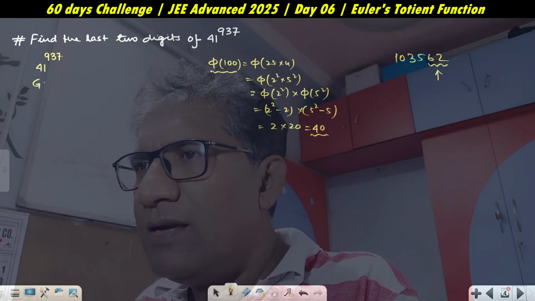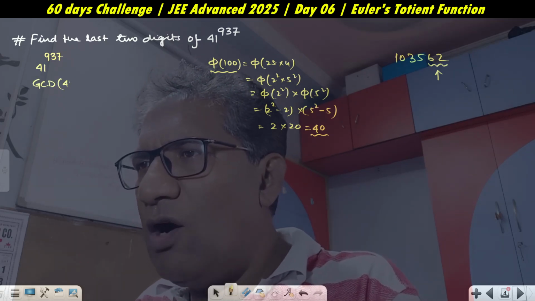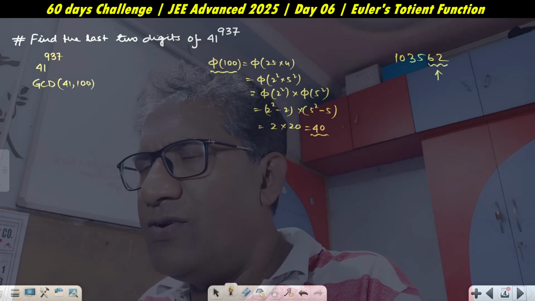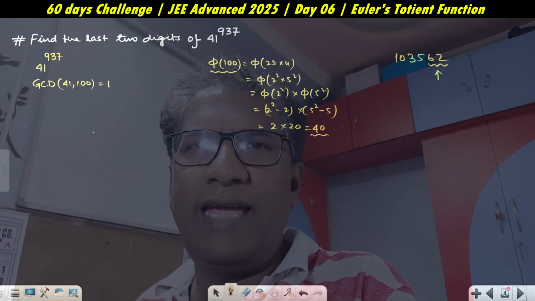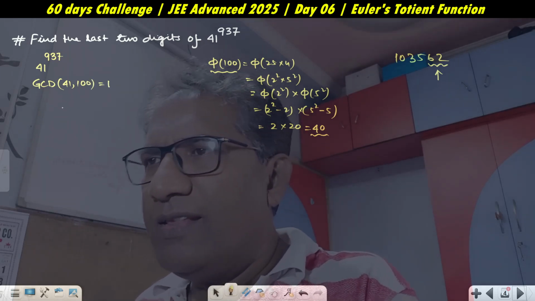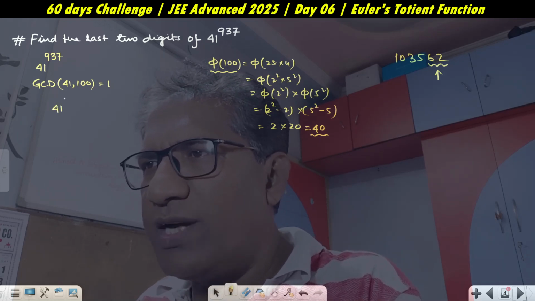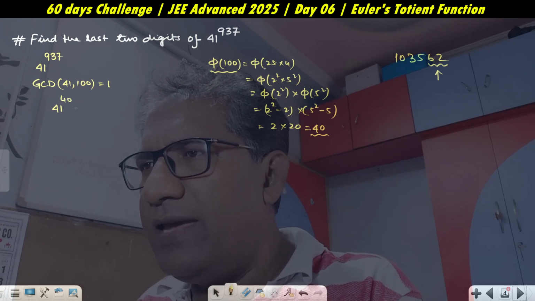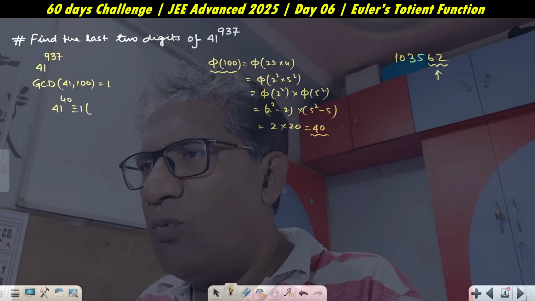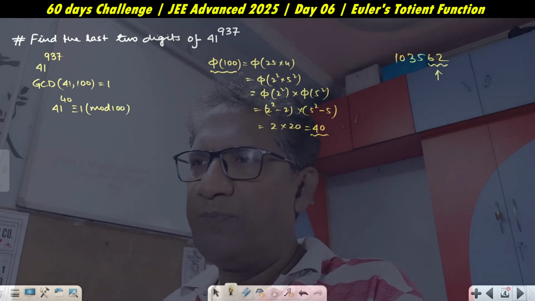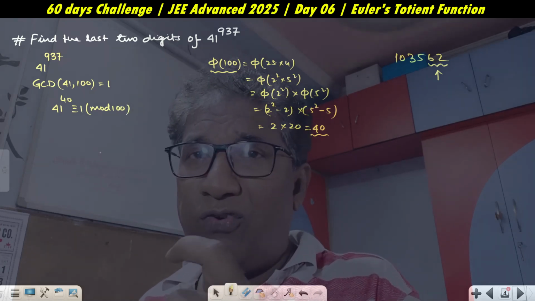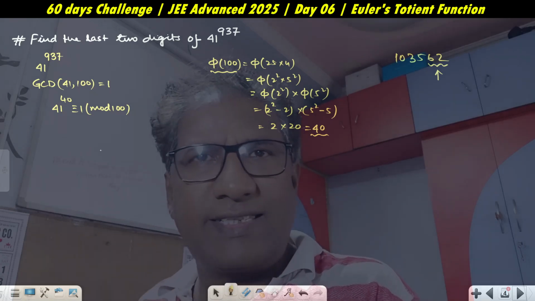And GCD of 41 and 100 is 1. They are co-prime to each other. Therefore, we can write 41 to the power of the Totient number of 100, which is 40, is congruent to 1 modulo 100. Is it clear? But we have to reach 41 to the power 937.